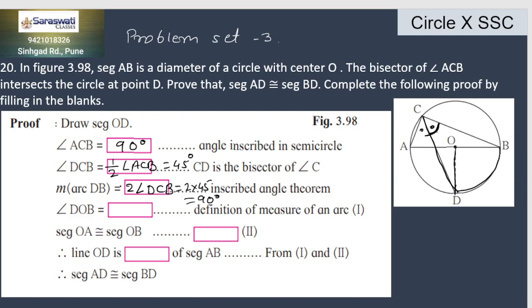Okay, so measure of arc DB is equal to 90 degrees, and therefore measure of the central angle is also 90 degrees. So this angle is 90 degrees. Now as per the definition of measure of an arc, measure of an arc is same as the measure of its central angle. Okay, and OA is equal to OB because radii of the same circle.